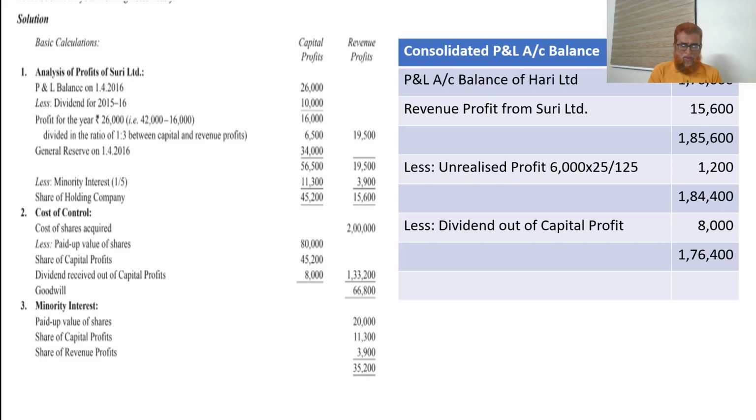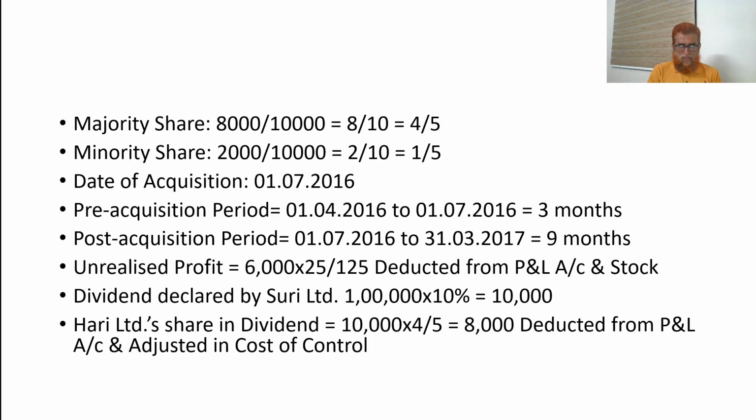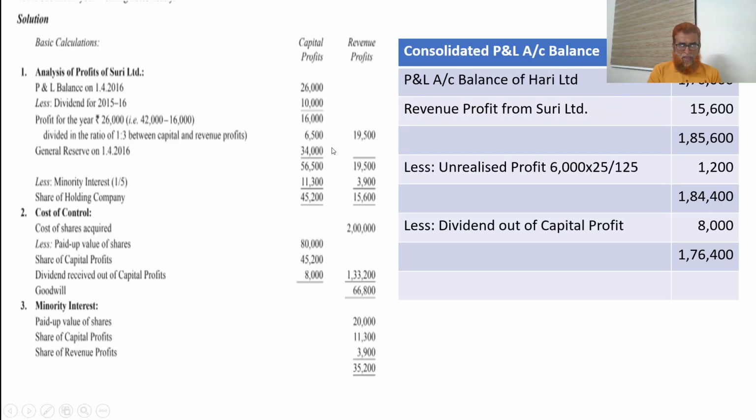Now we have in the balance sheet general reserve, 34,000. The date of the general reserve is 1/4/2016, the beginning of the year. It is fully pre-acquisition, so it is capital profit or capital reserve.